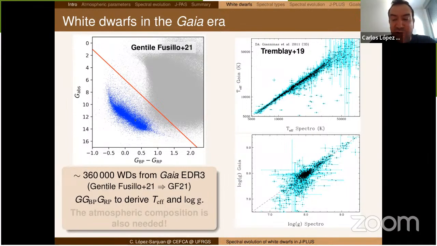Well, white dwarfs are, let's say, simple objects, at least when we compare with other astrophysical objects. So just knowing the temperature and the gravity, we can model the luminosity. So with the temperature and the gravity, we know the luminosity. And then when we compare with the observed magnitude, we can measure the distance.